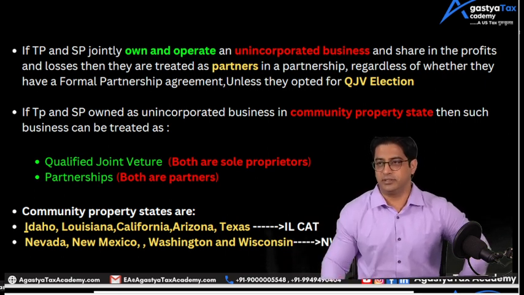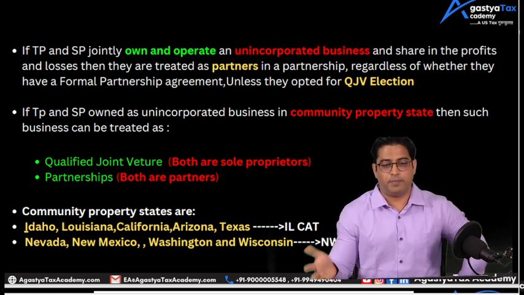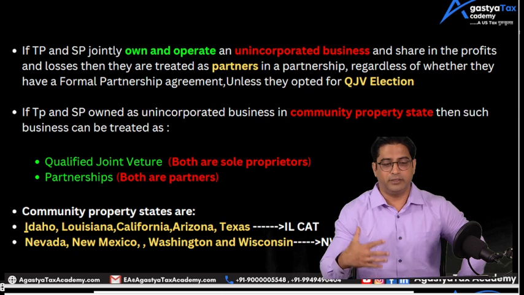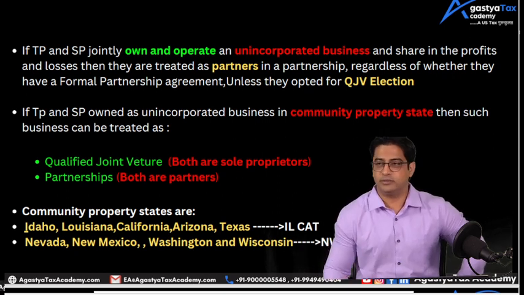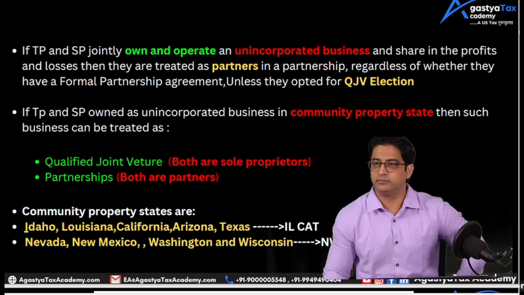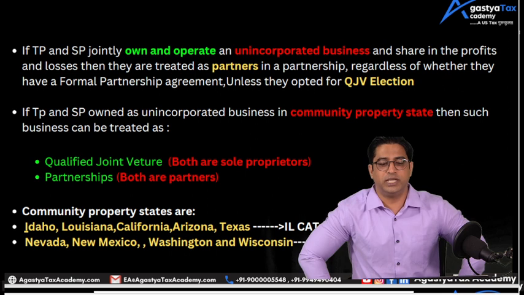It is as simple as that. So it's saying they need not have any formal partnership agreement. They can jointly own and operate an unincorporated business, share profits and losses. They are treated as partners. Okay, unless they opted for QJV election.